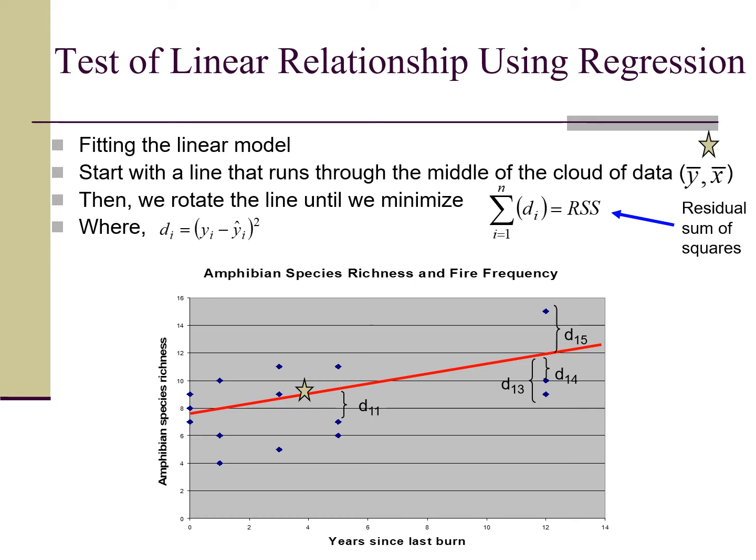You could imagine it just being sort of horizontal through the data, okay? And you then calculate the sum of squares for just that null hypothesis of no response, just a horizontal line. And that's actually going to be the sum of squares of the amphibian species richness.